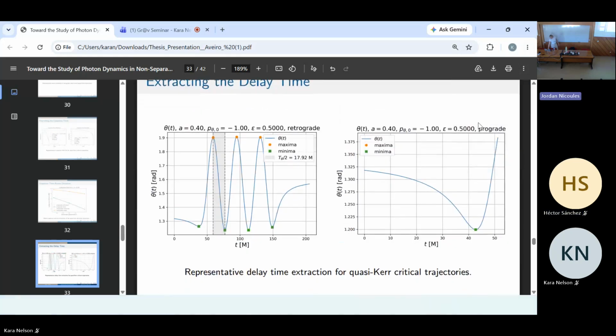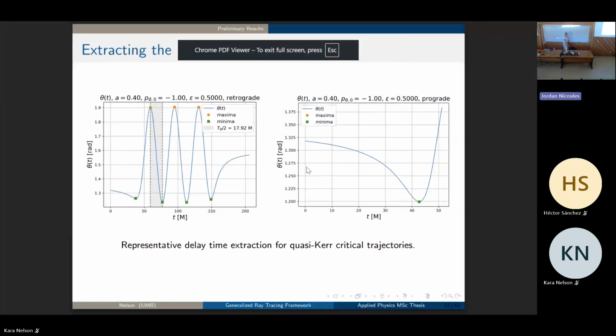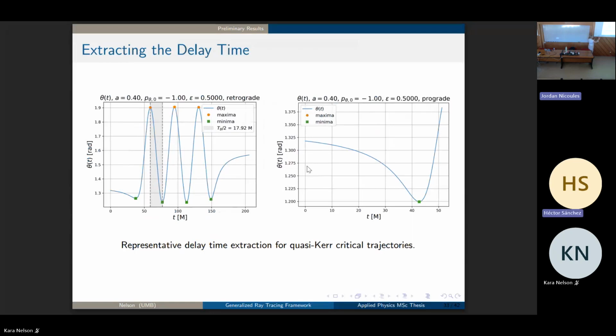So now we see the delay time we looked at. On the left, we have a nice, easy value that we were able to calculate. And then on the right, we have one that we're really starting to think a little bit more about. So the delay time really is determined by matching extrema, right?